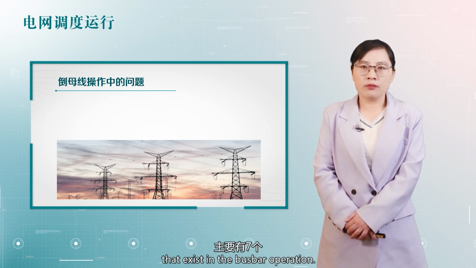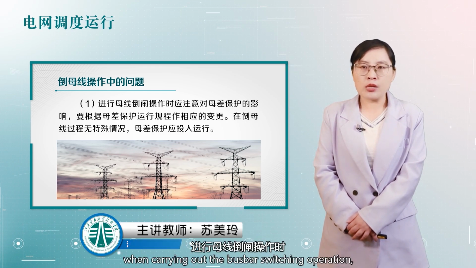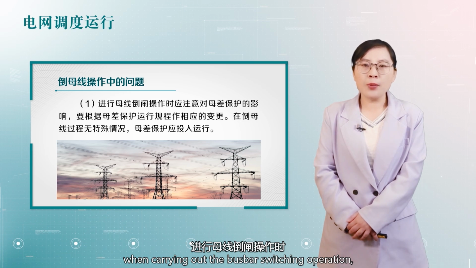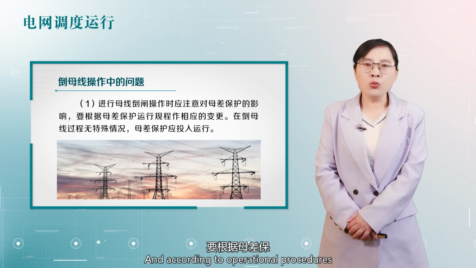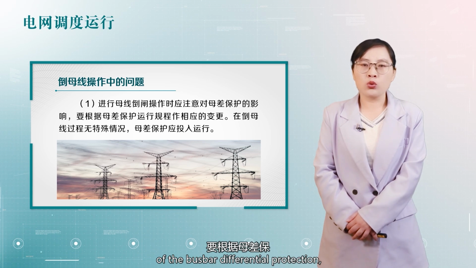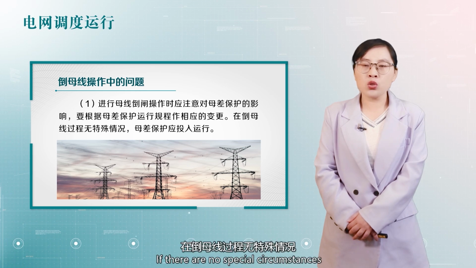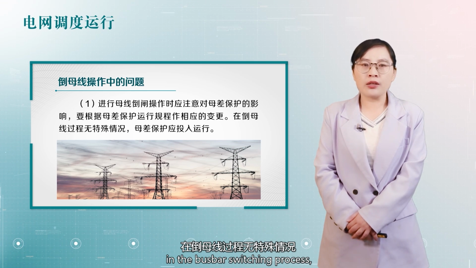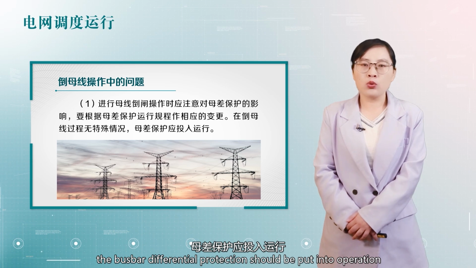The first point is that when carrying out the busbar switching operation, attention should be paid to the impact on the busbar differential protection, and according to operational procedures of the busbar differential protection, the relevant changes should be made. If there are no special circumstances in the busbar switching process, the busbar differential protection should be put into operation.